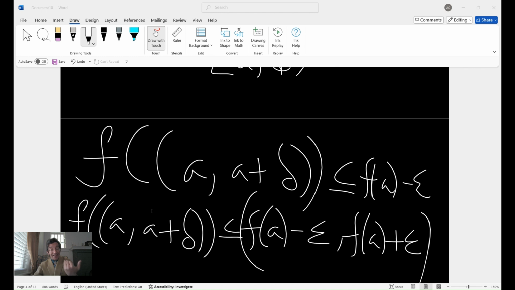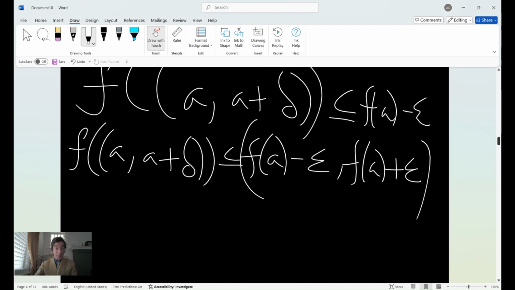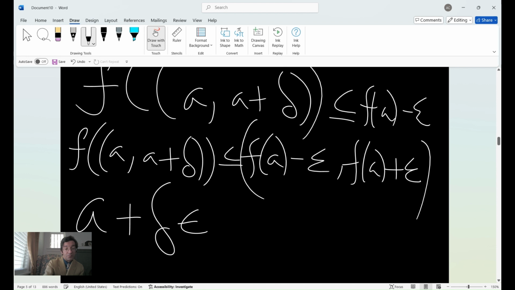And so d has to be greater than or equal to a plus delta, right? So if we write it out, we would have a plus delta as an element of D, and d is greater than or equal to a plus delta.